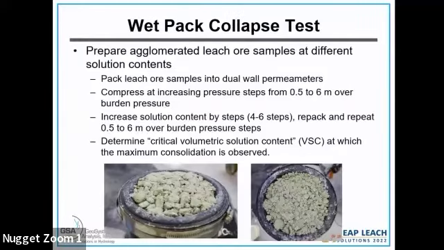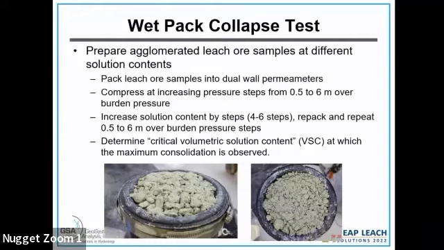And I would elaborate a little bit about the wet pack collapse test. What we did, we prepared the agglomerated ore, let it rest for a target time, and then we packed the leach ore into the dual wall permeameter, like shown in the bottom. Then we compressed from the original agglomerated water content, slowly compressing from 0.5 to 5-6 centimeters for targeted shallow depths, in steps.